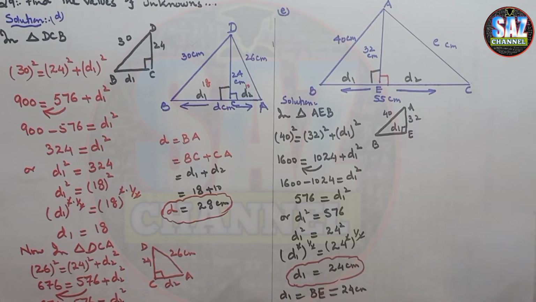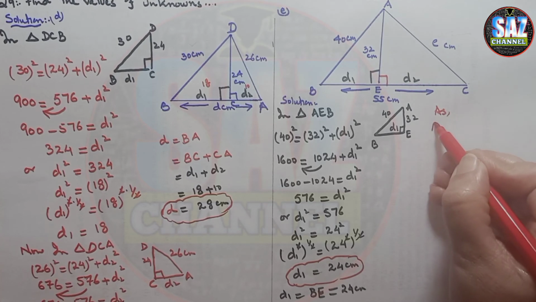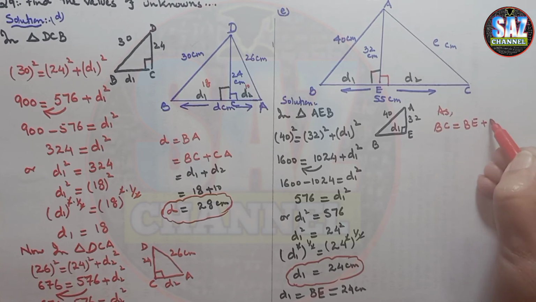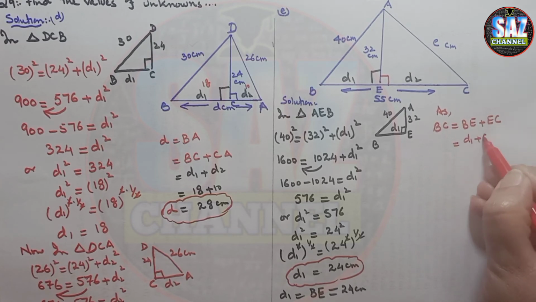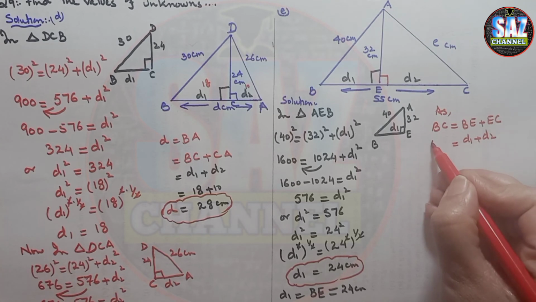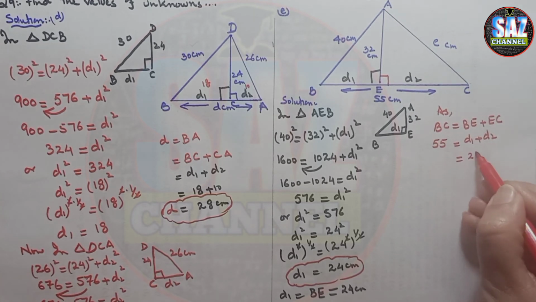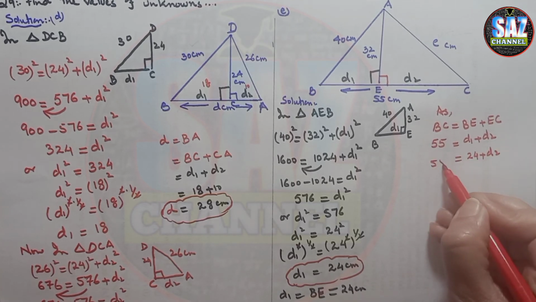B to C, the total length, is equal to B to E plus E to C. Now B to E we have marked D1, plus D2, and this B to C is 55. Now instead of D1, replace 24, plus D2 equals 55.